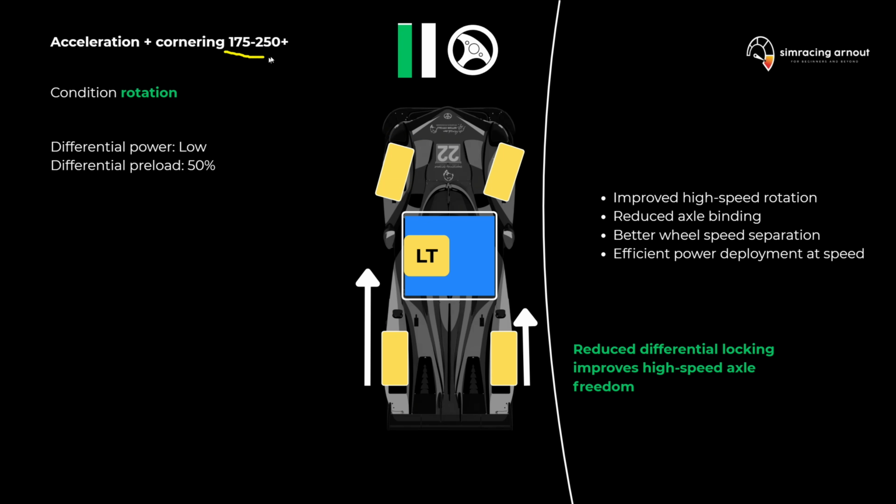At this speed, 175 to 250, and I would even argue going higher, aerodynamics are playing a huge part in your balance as well. So at some point, if you have a safe aerodynamic balance, I think the low differential can be safe under high speed.